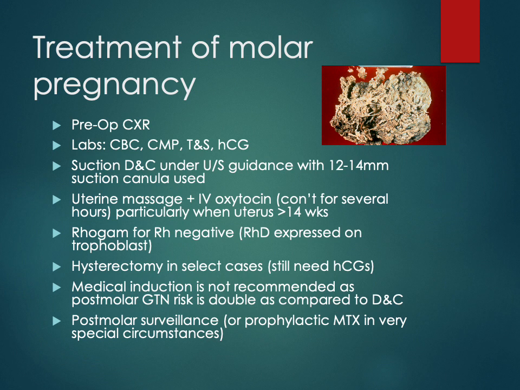Uterine massage is necessary to control the bleeding. You need to give RhoGAM for Rh negative patients, and a hysterectomy can be done in select cases, although you do need to still follow the HCGs afterwards. Medical induction is a no-no because of the risk of bleeding, and then postmolar surveillance is important.